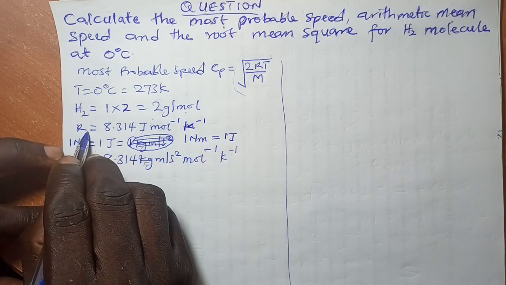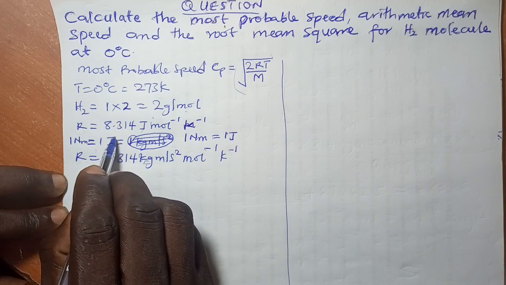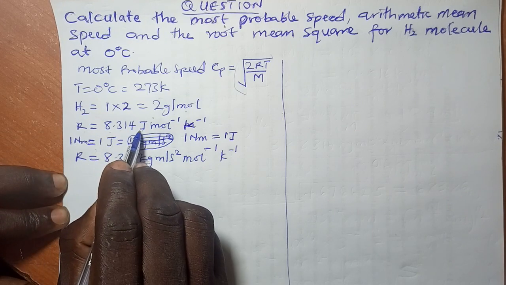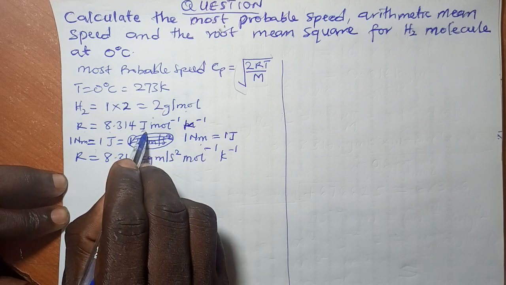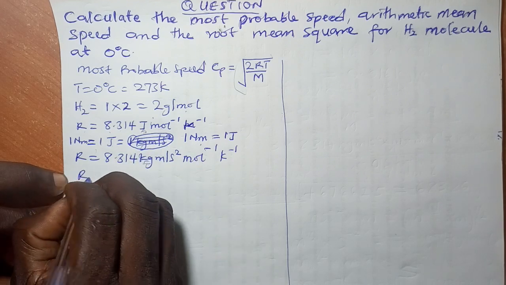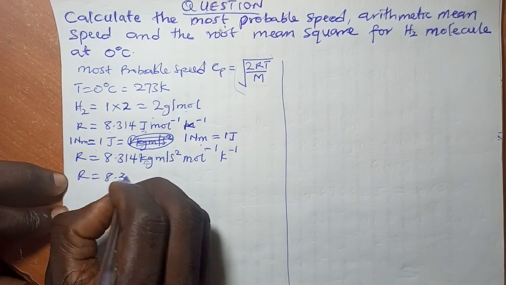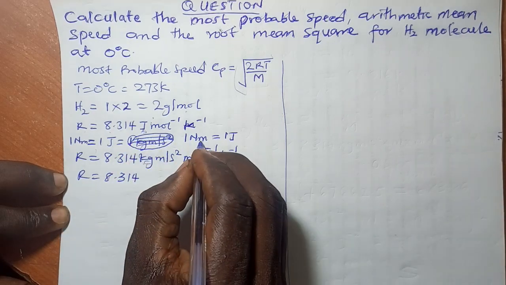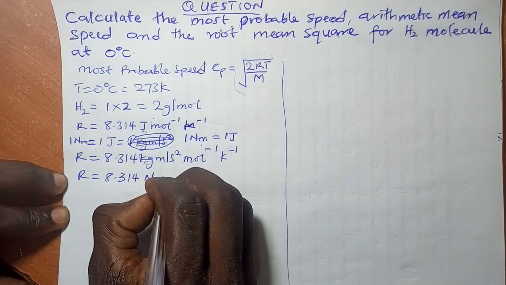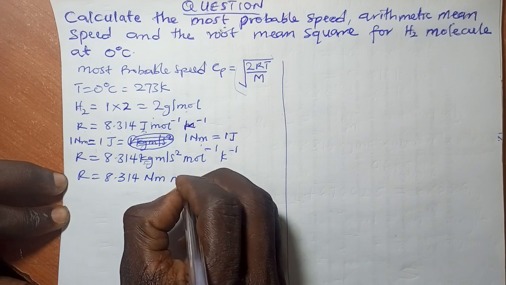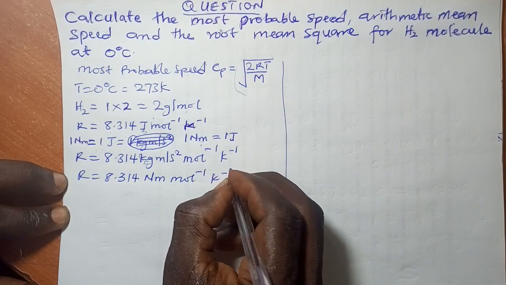In place of this joule, I'll put Newton meter. That means I'm saying R is equal to 8.314, in the place of this joule, I'll put Newton meter, then mole per mole per Kelvin.